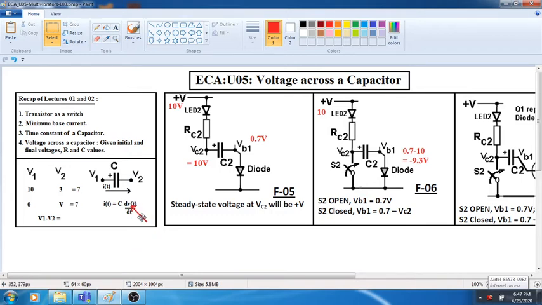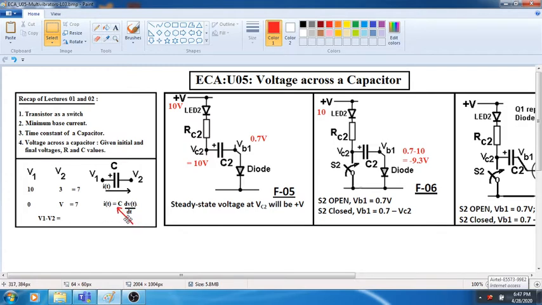What is dV(t) by dt? The numerator is change in voltage, the denominator is change in time. So if I have a particular change in voltage for a particular change in time, the ratio multiplied by the capacitance will give me the current flowing through that capacitor at that particular time.